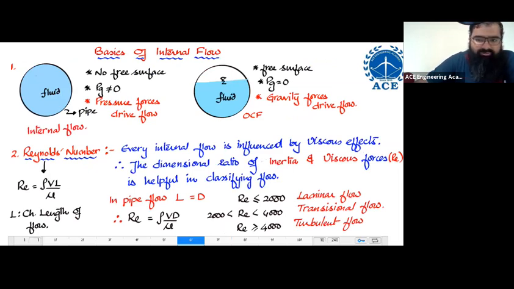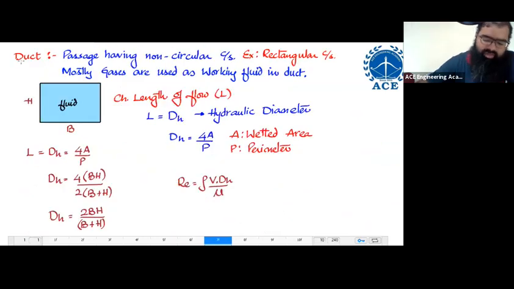If you are not having a pipe, which will happen extremely rarely, you're going to have a duct. Even though the concept of duct should be there, it has not been asked in your examination till now. Remember, the working fluid inside a duct is mostly a gas, and inside a pipe it is mostly a liquid.